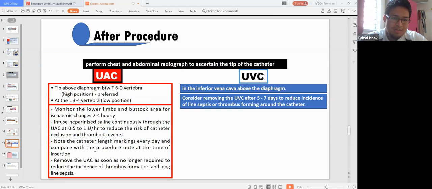And then remove the UAC as soon as it is no longer required to reduce the incidence of thrombus formation and line sepsis. For the UVC, we need to consider removing the UVC after 5 to 7 days to reduce the incidence of line sepsis or thrombus forming around the catheter.